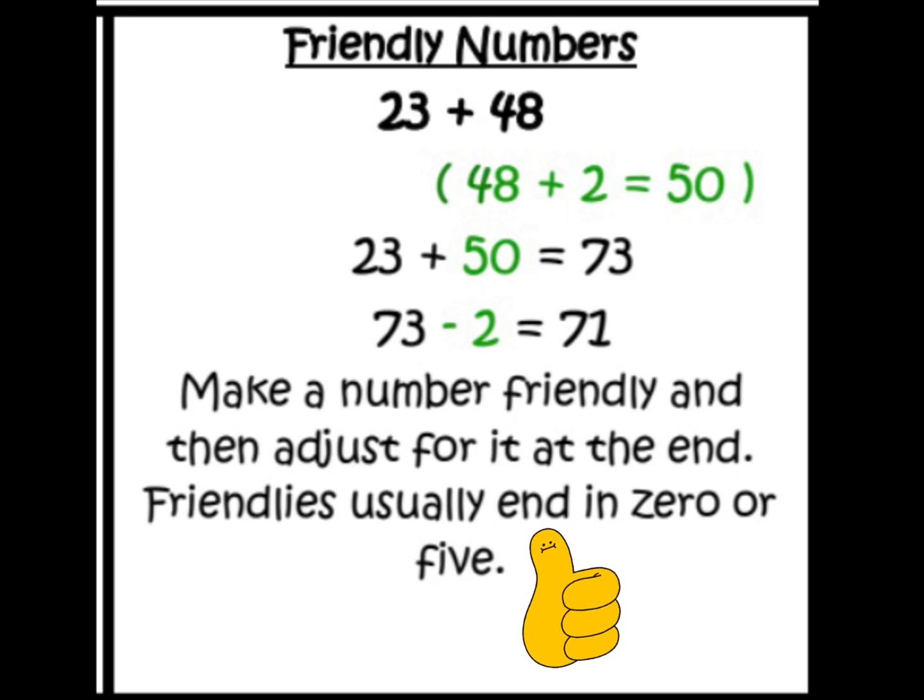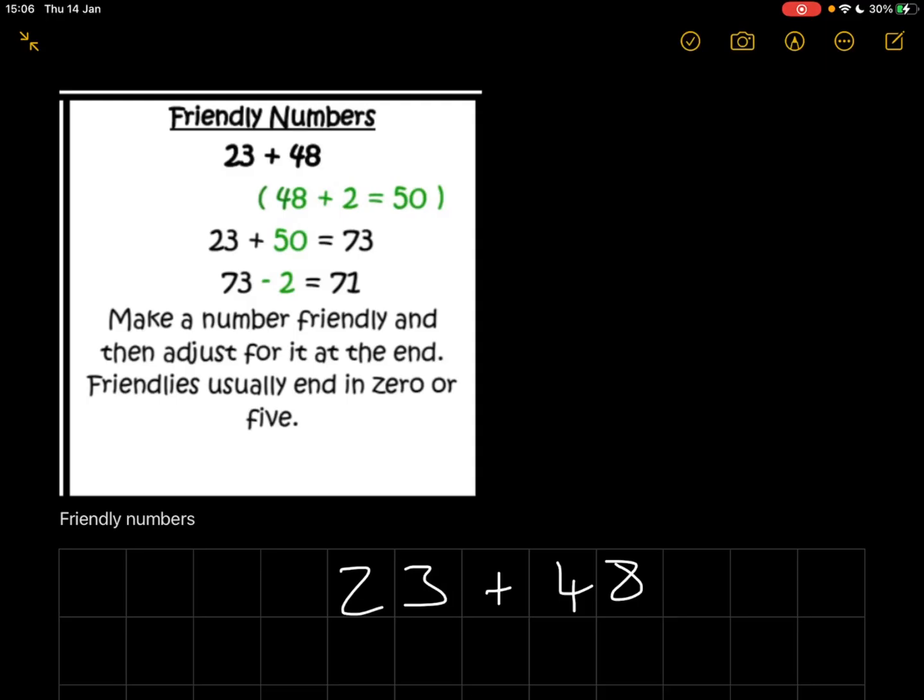Friendly numbers. Make a number friendly and then adjust for it at the end. Friendlies usually end in 0 or 5. Building on the bridge with tens idea, I can turn bigger numbers into a number that's easier to add from, usually a multiple of 10 or 5.